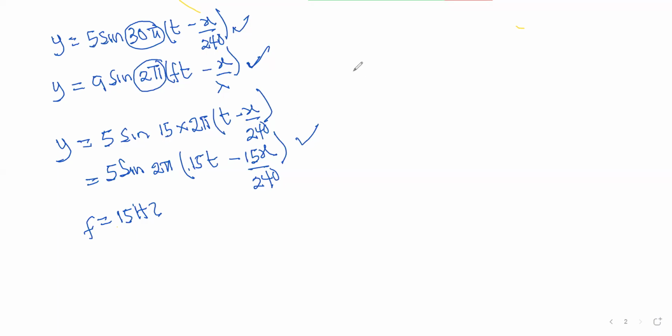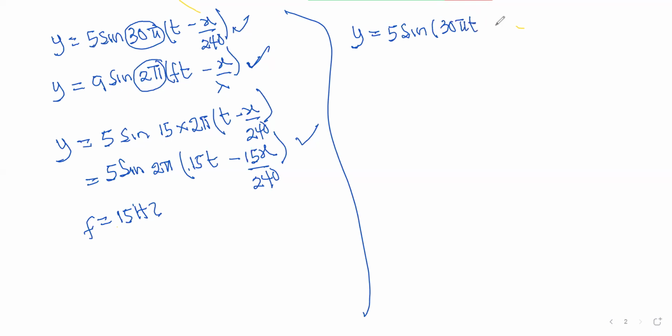Okay. The other easier way is to multiply the 30π through. So I have y equal to 5 sine of (30πt minus 30πx over 240).